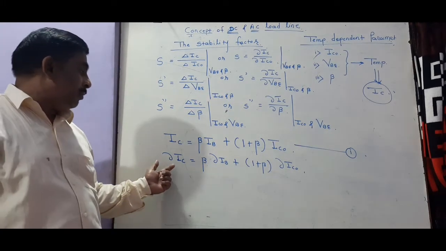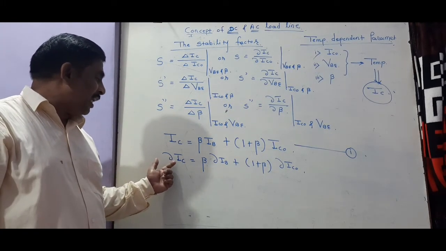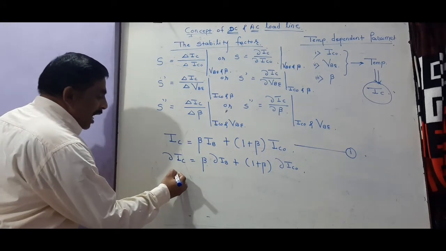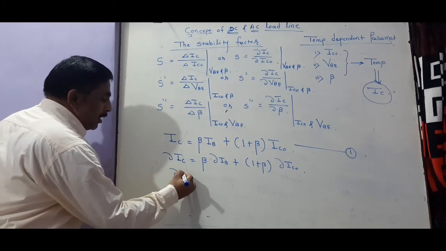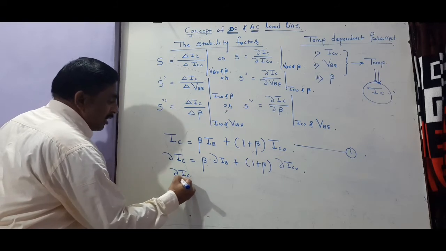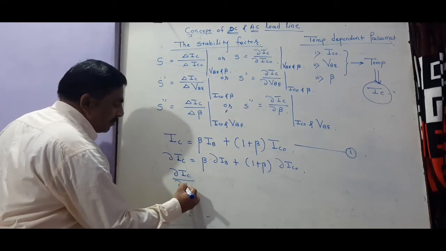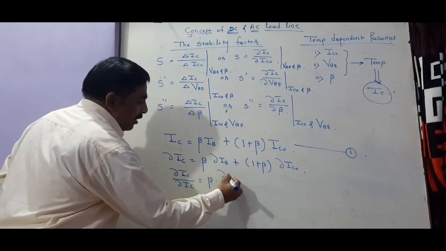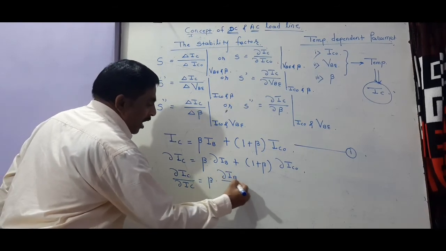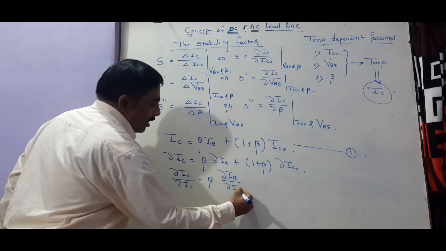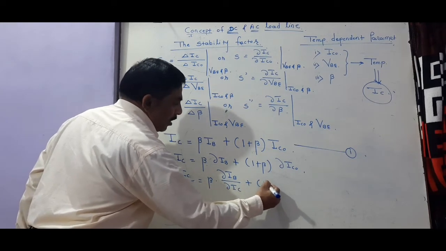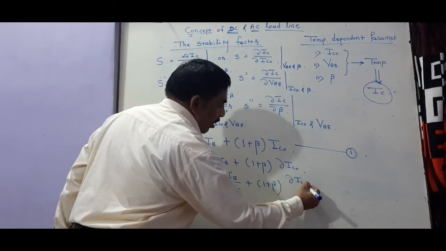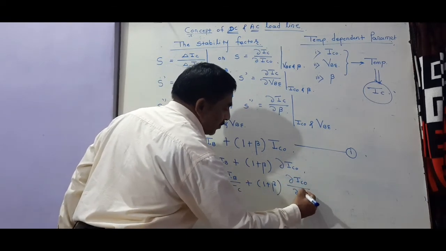Now divide this equation by delta IC. So this equation becomes delta IC upon delta IC equals beta into delta IB upon delta IC plus (1 + beta) into delta IC0 upon delta IC.